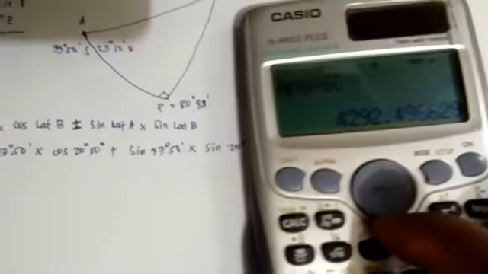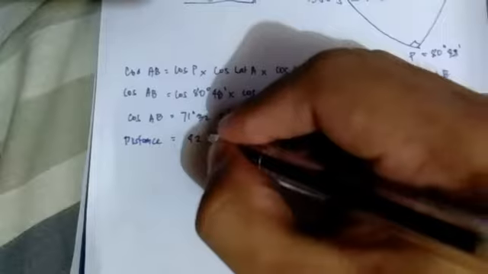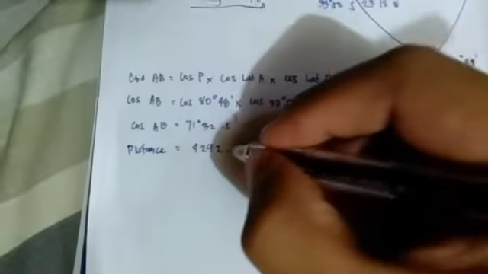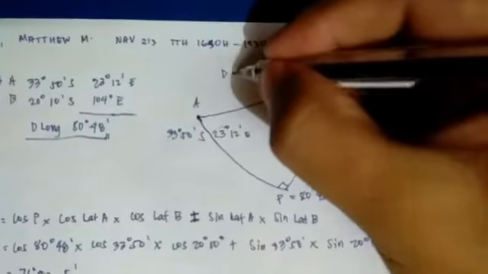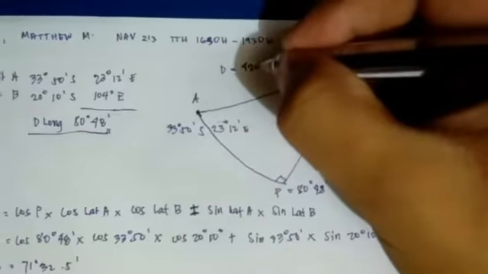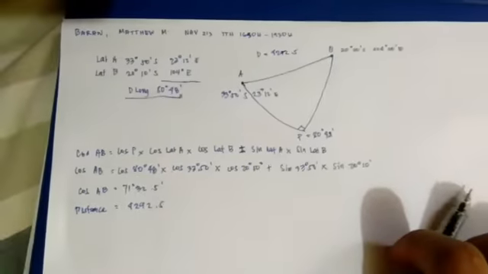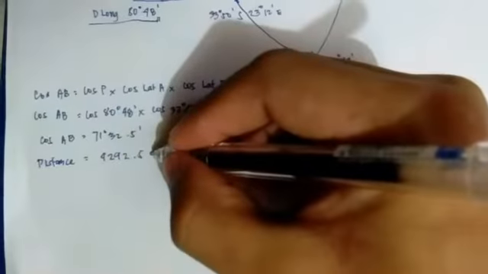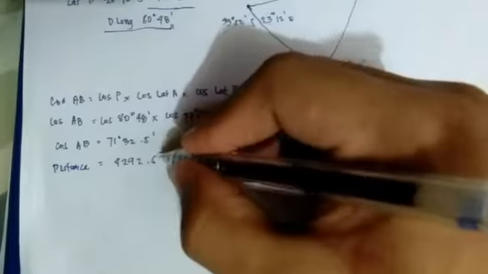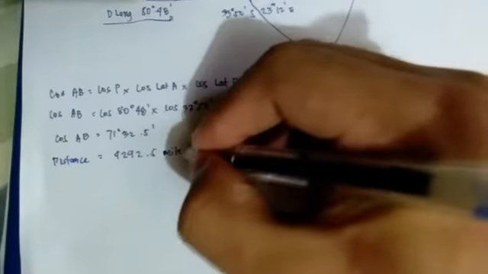We will round it off, so we will have a distance of 4,292.5 miles.